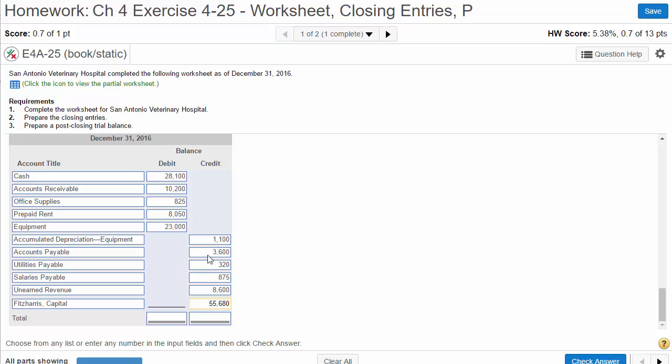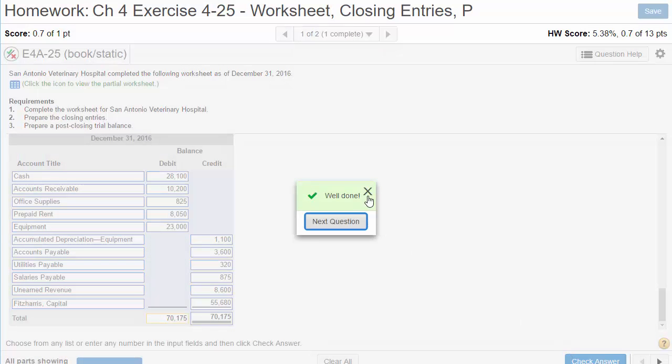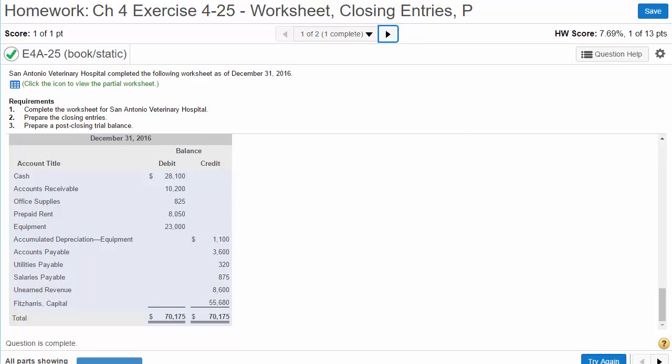Now we should add these up. And when we add those up, we get a total of $70,175. And add these debits up, we get a total of $70,175. So we're done with the problem.